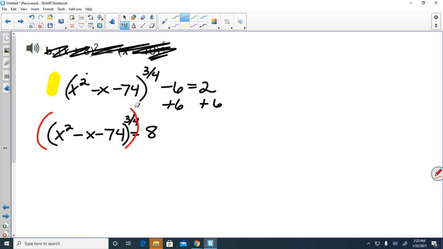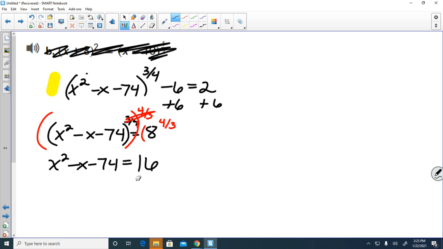Reciprocal of 3/4 would be 4/3. So when you raise the left side to the 4/3, it cancels out the exponent. You're left with x squared minus x minus 74 equals, the cube root of 8 is 2, and then 2 to the 4th is 16.